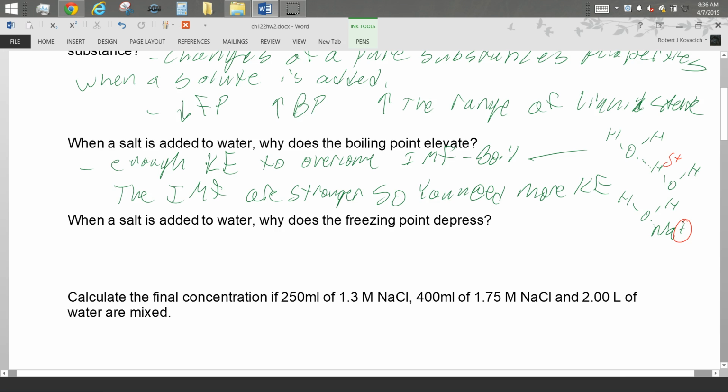So the amount of energy needed to get those to let go of each other is increased because the attractive force between the two is greater. All right, what about why the freezing point goes down? Is it the same reason?